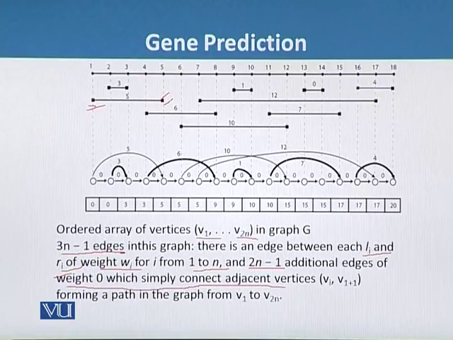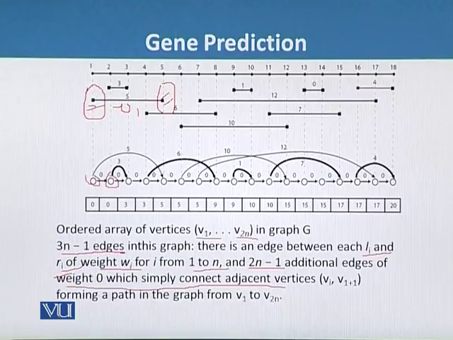So here in the diagram we can see this is L1 and this is R1 of weight W1, and that is for i from 1 to n. And the weight 0, we can see here we have added 0 edges that simply connect one vertex to the other.